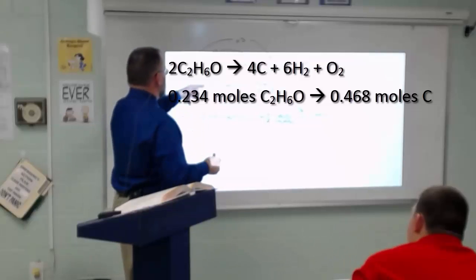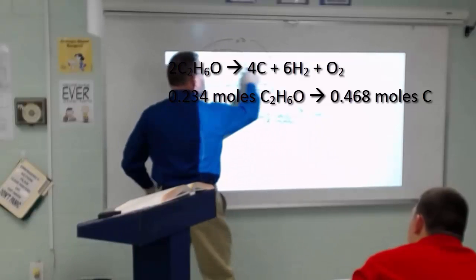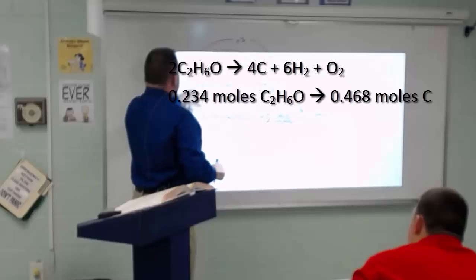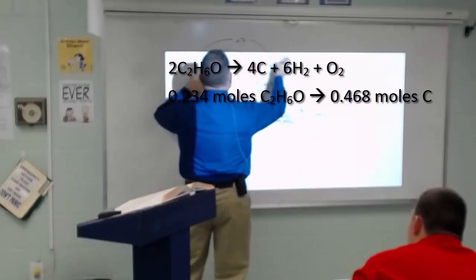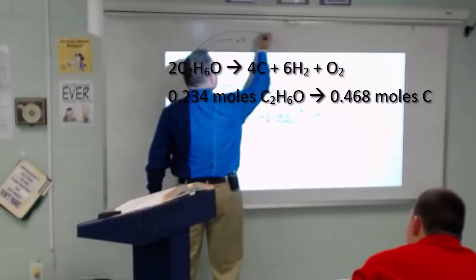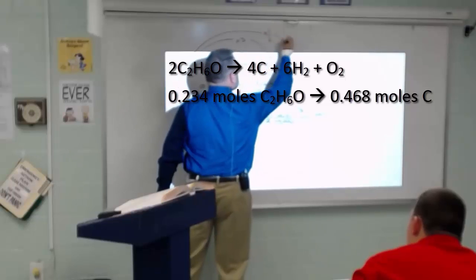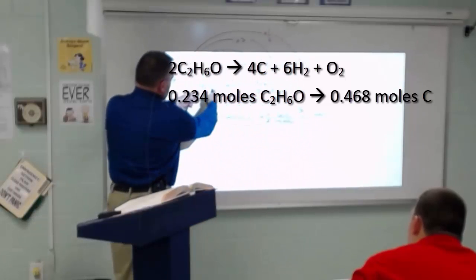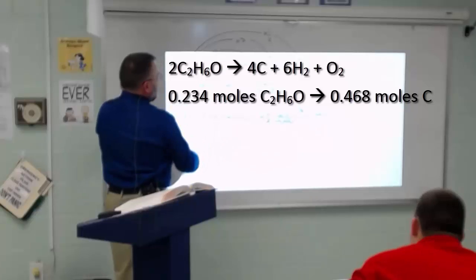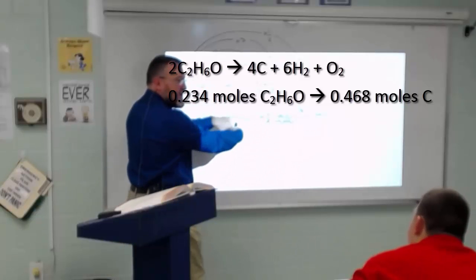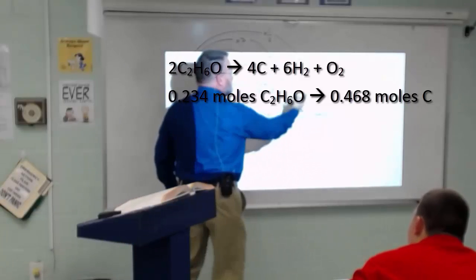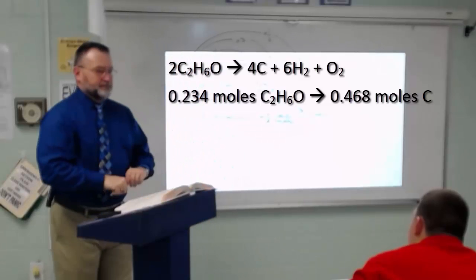And also, given this, how many moles of oxygen are produced? Well, to go from 2 to 1, I multiply it by 1/2. And so if I have this many, 0.234, I would multiply that by 1/2 to determine how many moles of oxygen are produced. Okay?